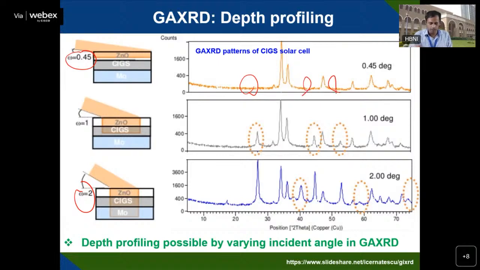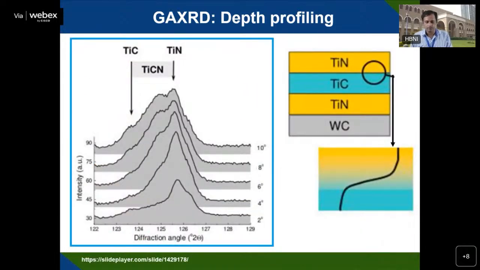But at one degree, the depth profiling is greater. Here your area of interaction is increasing, and here it increases further. From that you get some additional peaks. So depth profiling is possible by varying the incident angle in grazing angle XRD.